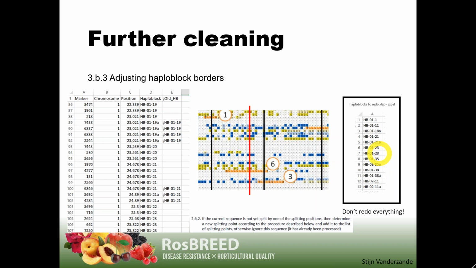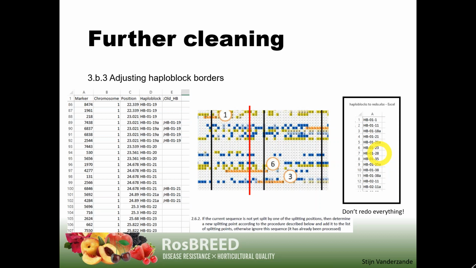And I do that because once I'm working in the mHaplotype file and I'm changing things, I've looked at those and I've changed that. If I would rerun everything again, all those changes I made might get lost. I don't want that to happen. So what I do is I rerun everything.